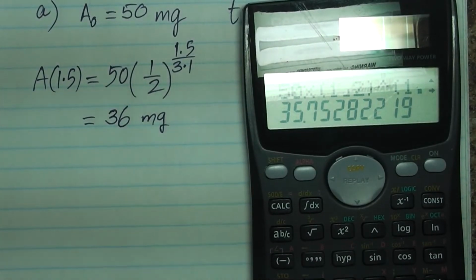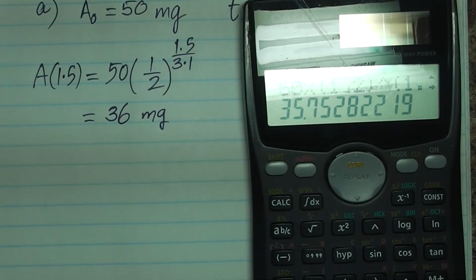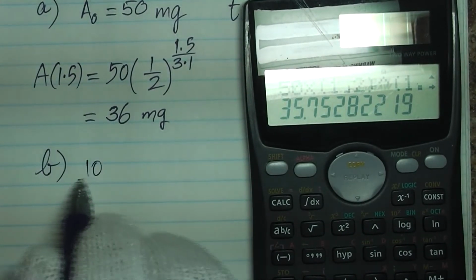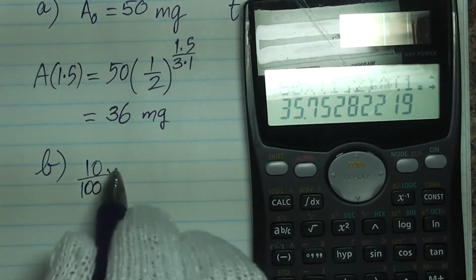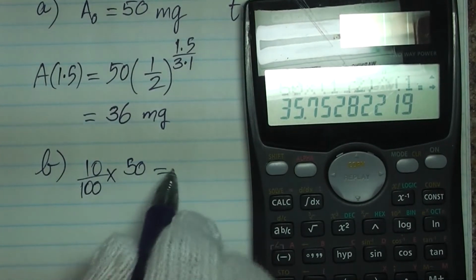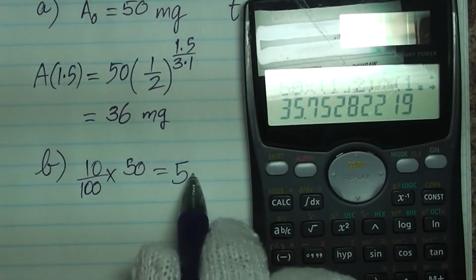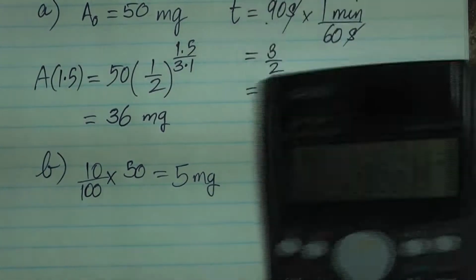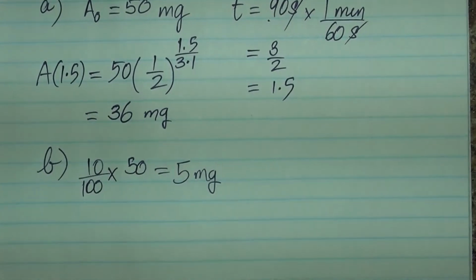How long will it take for this sample to decay to 10% of its initial amount? So 10% of 50 will give us 5 milligrams. So how do we work that out?